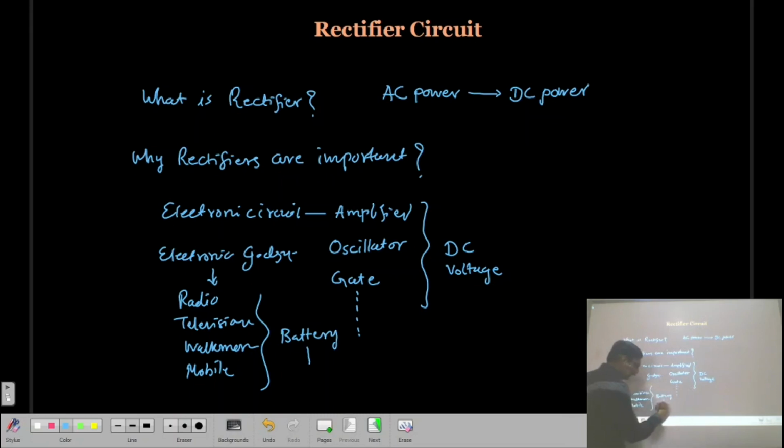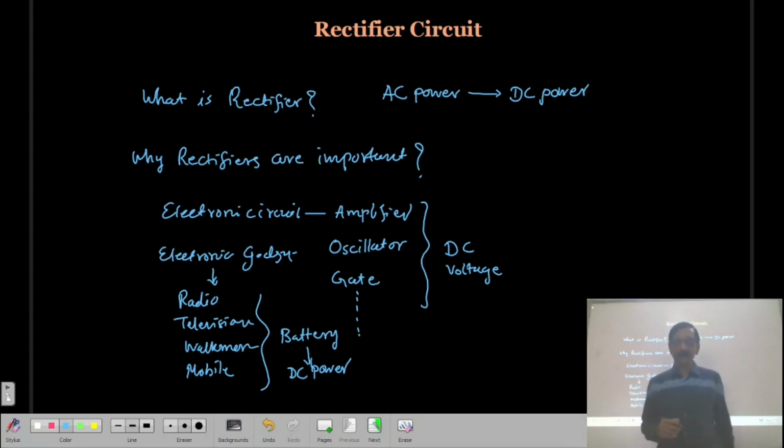And what is a battery? A battery provides DC power. So to operate all these electronic gadgets, we require the battery.